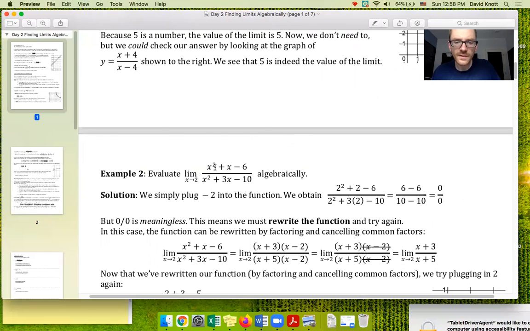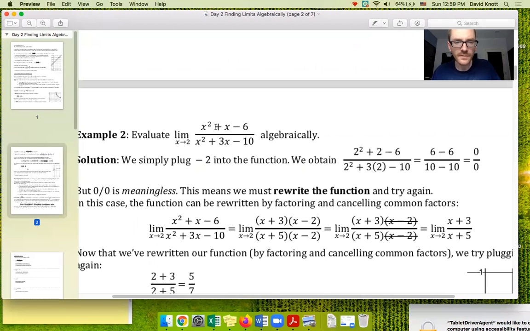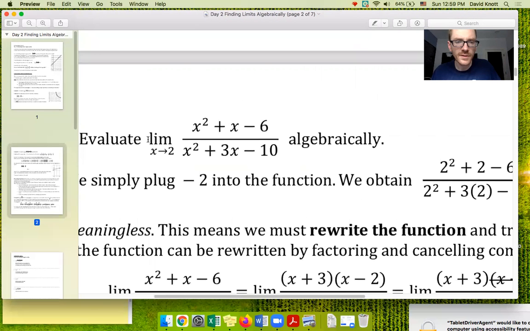Now let's try one that's a little bit more complicated. Let's try the limit as x approaches 2 of this function right here. The first thing that you should try, like I said, is you plug the number in. So take 2 and plug it into this function and see what you get.